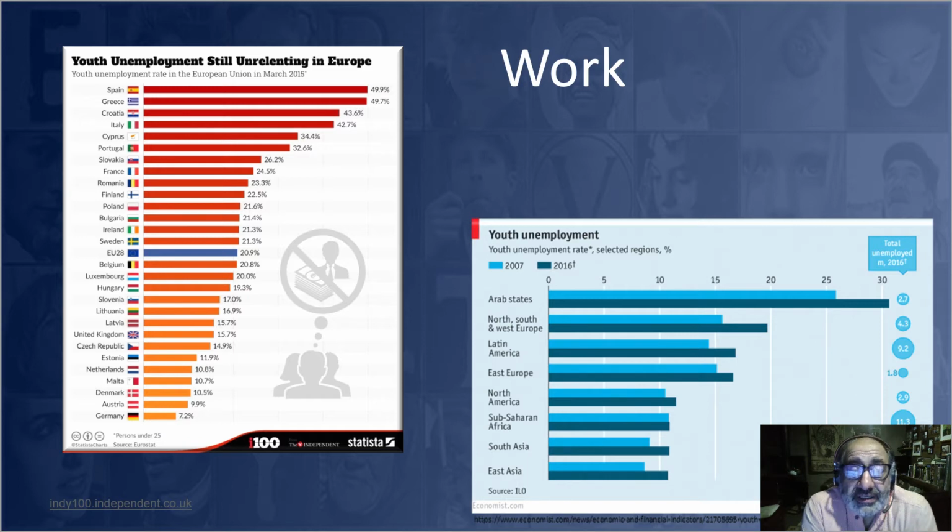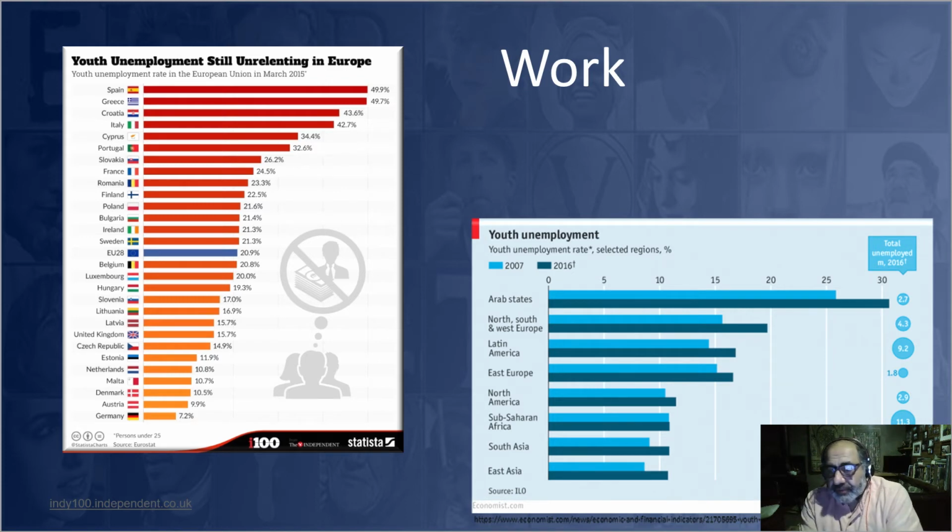Certainly Greece has had an incredible drain of its workforce because the prospects of a decent living in Greece are very, very slim now. So people are just leaving their countries and going elsewhere.